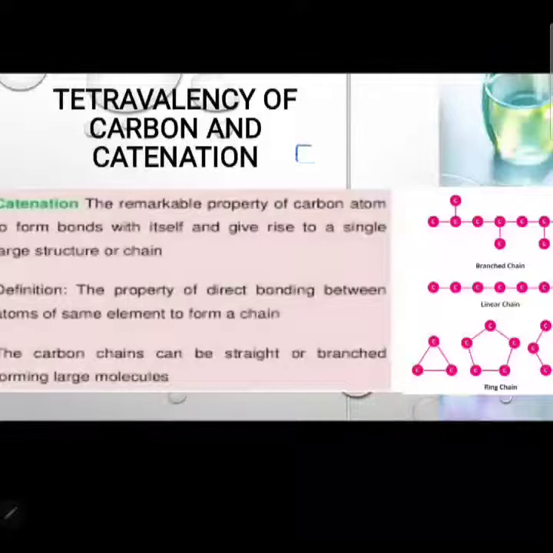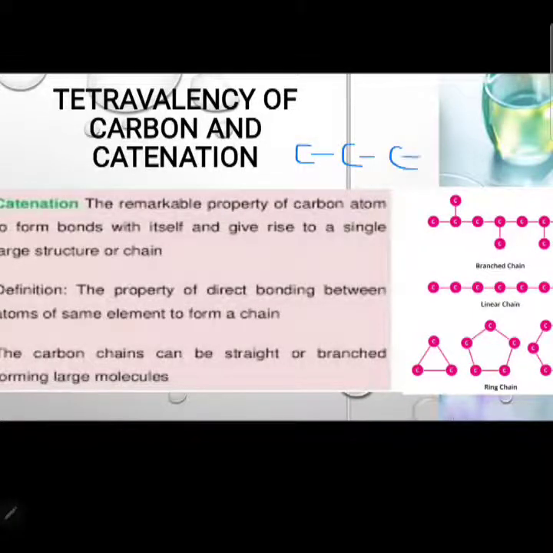So I'm going to use this C to C to C to C to C. This is what we see in organic chemistry. You understand? Looking at this particular point, you can see that it can be a branched chain, a linear chain, or a ring chain. So this is simply catenation, the unique ability of carbon to form bonds with itself, which can be thousands of atoms long.